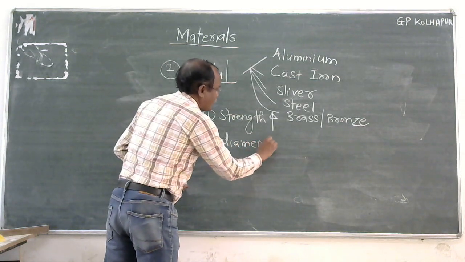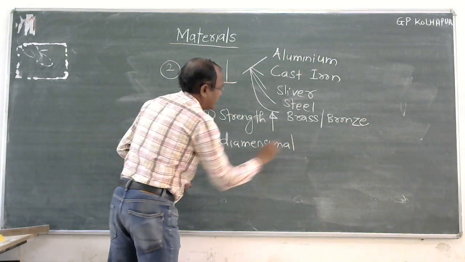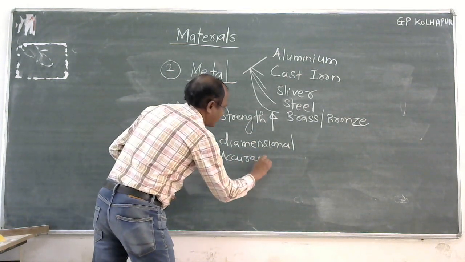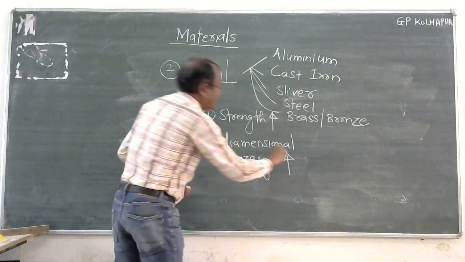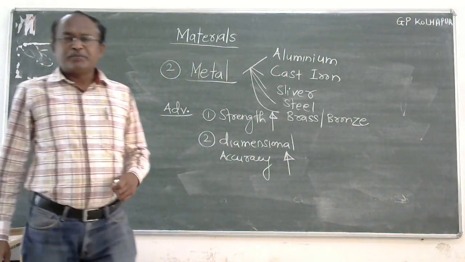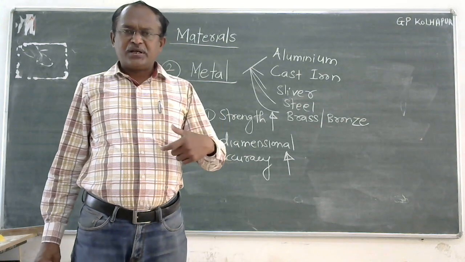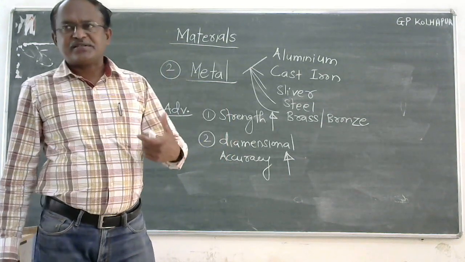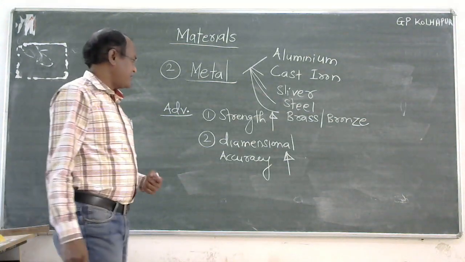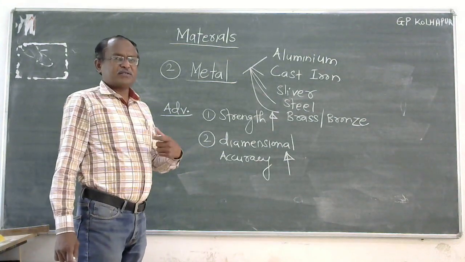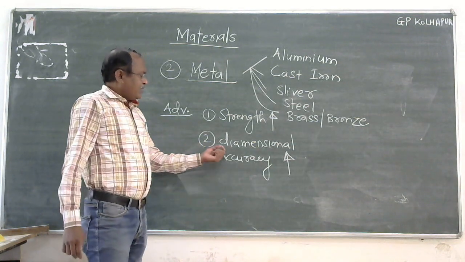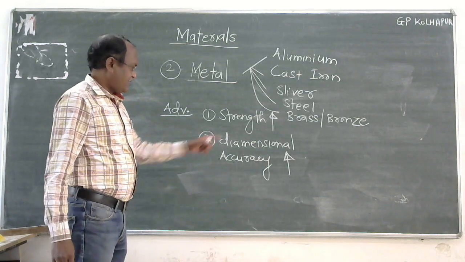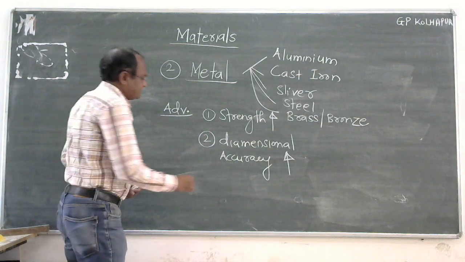Dimensional accuracy is more in metal, because wood absorbs moisture, but metal can't absorb moisture. That's why it can't change its shape and size, it retains its original shape and size, and that's why dimensional accuracy is more.